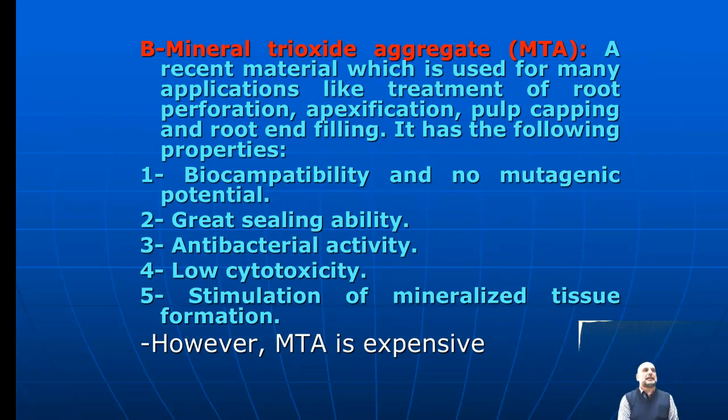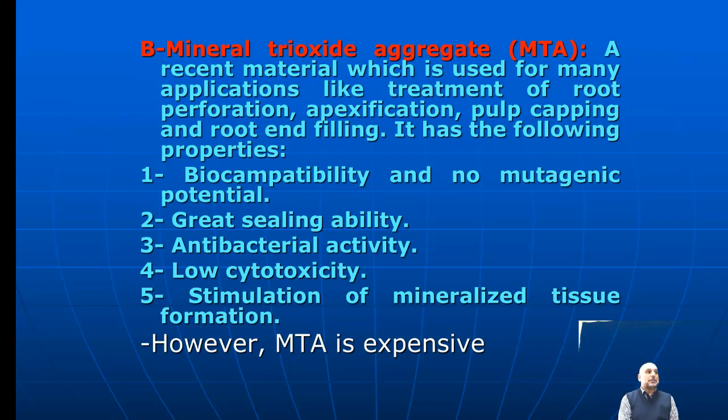Mineral trioxide aggregate, MTA, is a recent material which is used for many applications like treatment of root perforation, apexification, pulp capping, and root end filling. So this material can be used for direct pulp capping in this lecture, but also for other procedures.